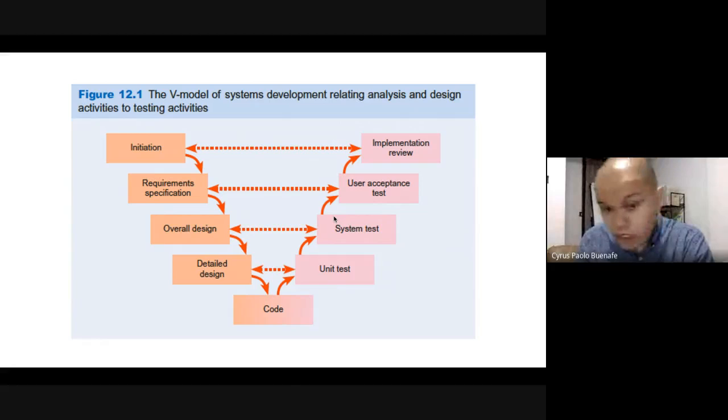If you want to make sure that things are done according to specifications, according to how the users would have communicated it to you, then you have a UAT, or acceptance test. And lastly, if you really want to know whether the system really works for you, that it was meant to perform as intended from a business point of view, then you have an implementation review. These are different types of tests.